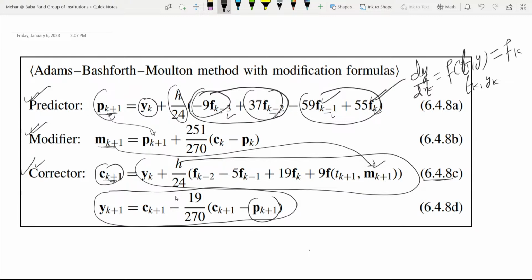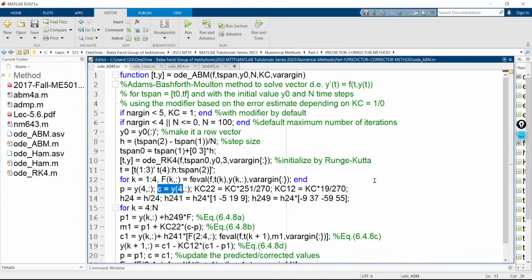So for the same, these values are the particular values based on the first 4 values for the initialization. Also here you will see KC22, and KC22 is equal to Kc times 251 by 270.